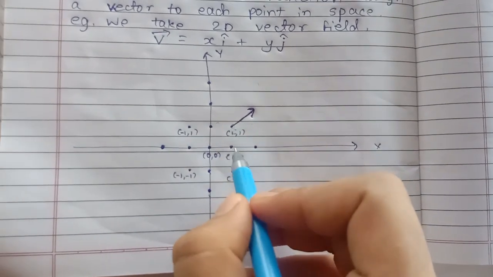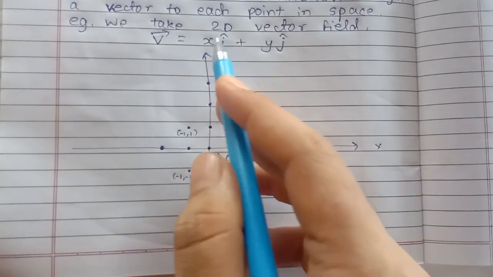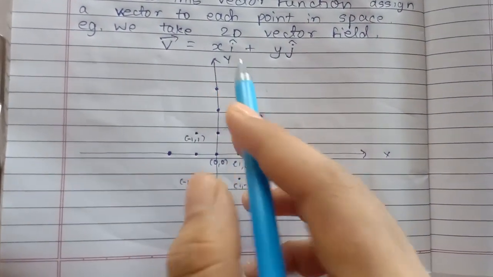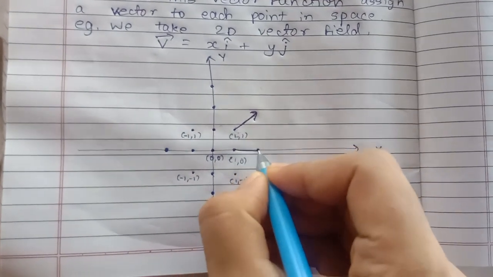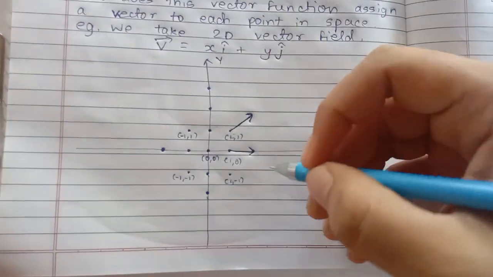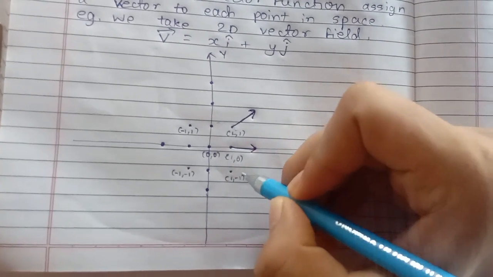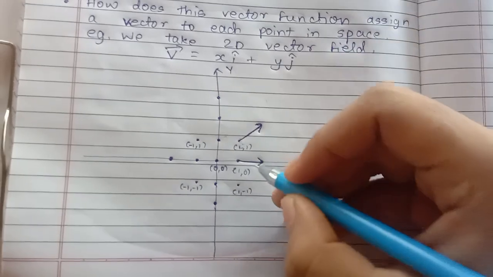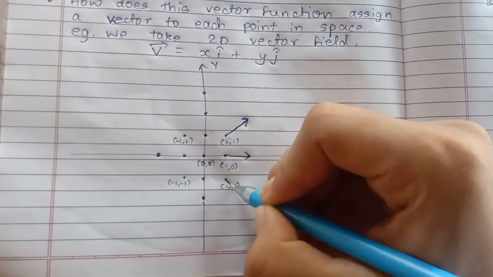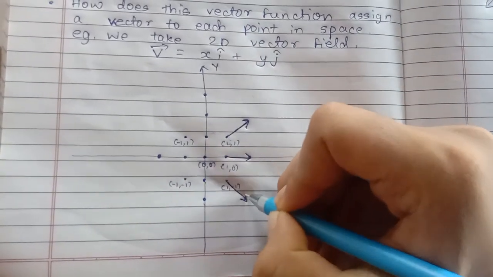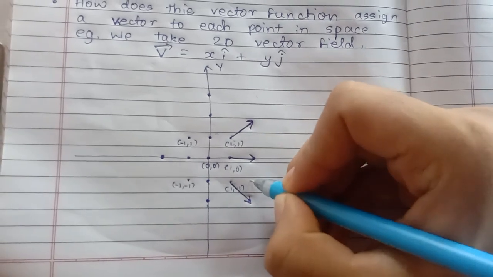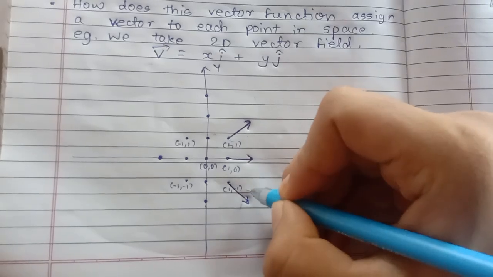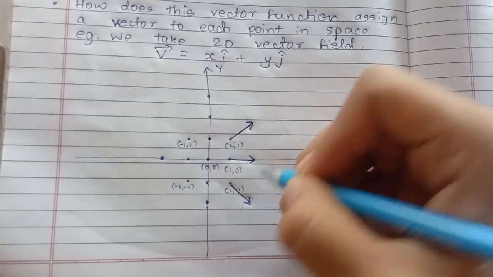Here we put 1 and 0, so it will be i cap. So the vector will be like this. Similarly for 1 comma minus 1, it will be i cap minus j cap, that is 1 unit forward in the x direction and one unit below in the y direction, because it is minus 1.